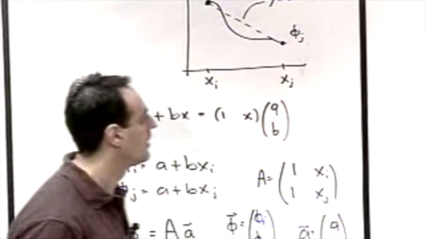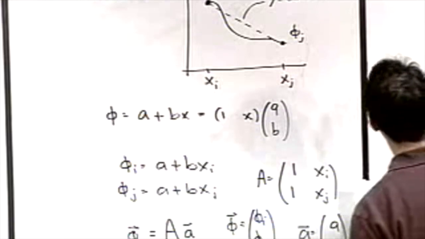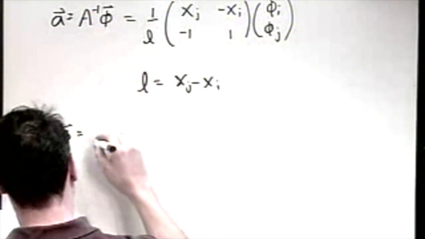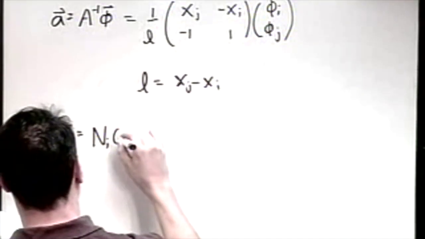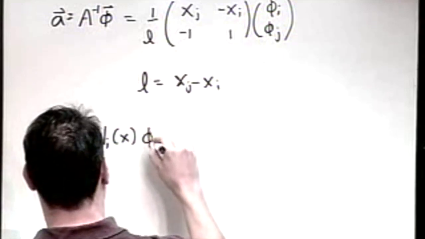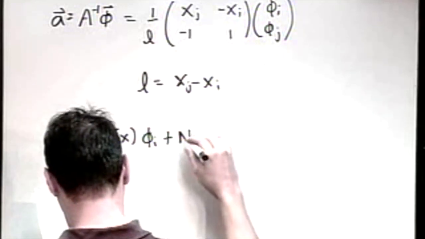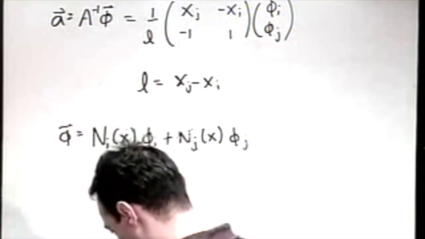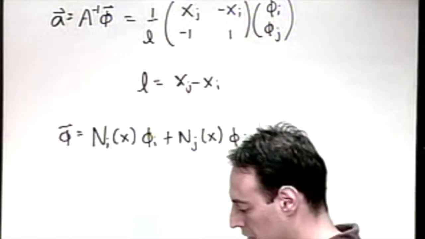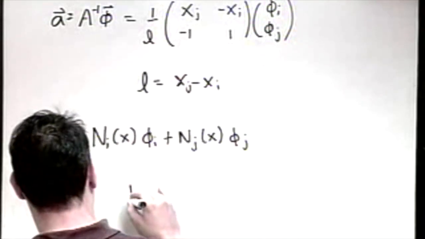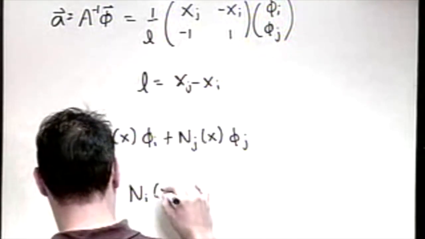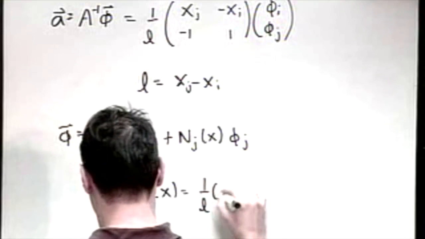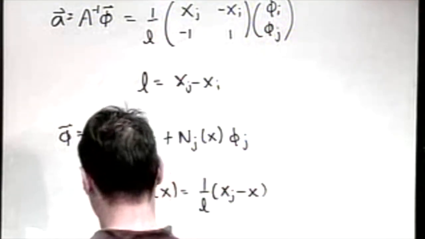So one of the ways you can write this is the following: phi itself is equal to N_i(x) phi_i plus N_j(x) phi_j. Now this formulation is standard, and I'll show you why. It's a very nice way to represent these things. It's related to the Newton polynomials.